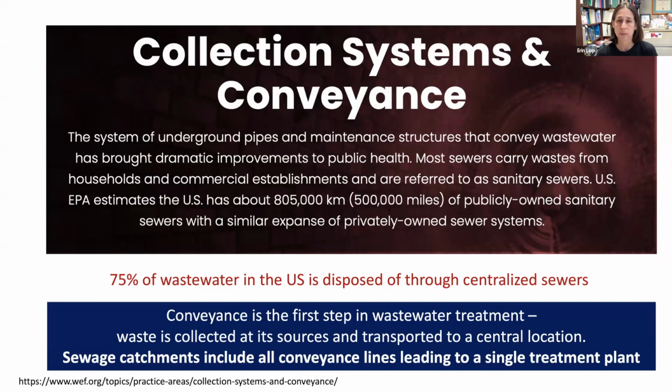And we have a lot of sewer lines in the United States. We have about 500,000 miles of publicly owned sanitary sewer lines and about as many that are privately owned. So we've got close to 1 million miles of sewage running underground just in the United States alone. 75% of wastewater in the United States is disposed of through centralized sewers.